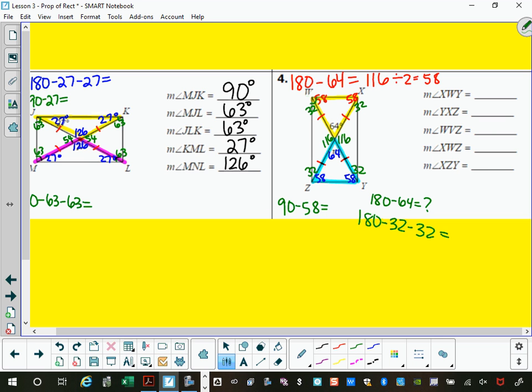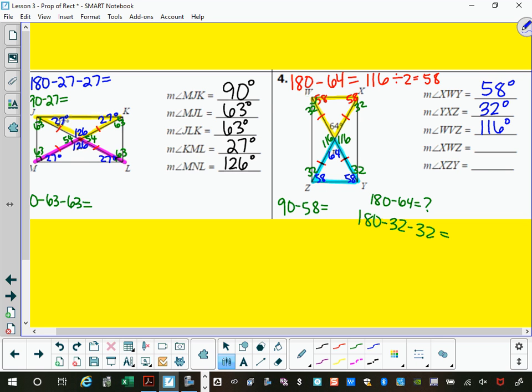Good. So if we answer our questions, the measure of X, W, Y is 58 degrees. Write this in if you didn't have it. Y, X, and down to Z would be 32 degrees. W, V was in the middle, so WVZ was 116.